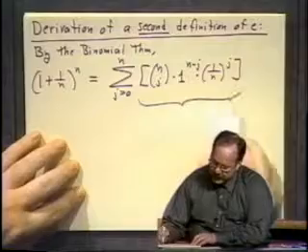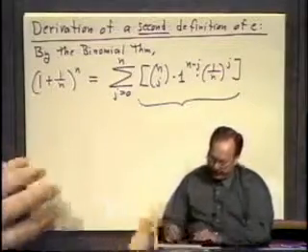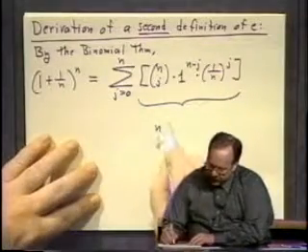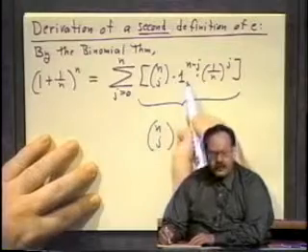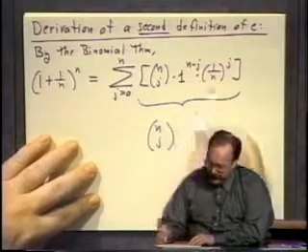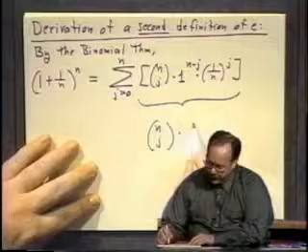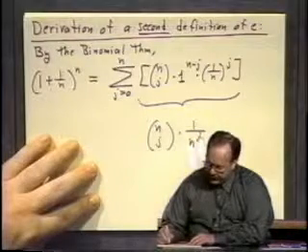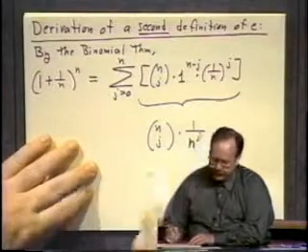Now, what does each summand there look like? Well, it's n choose j. The 1's, of course, I can drop out because that's just 1. And the 1 over n to the j I will rewrite as 1 over the quantity n to the j. Just put the j on the bottom.